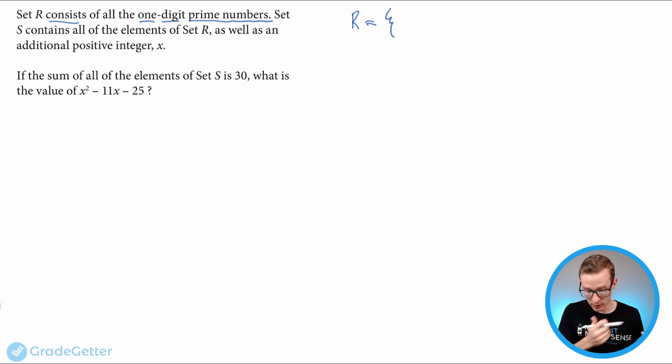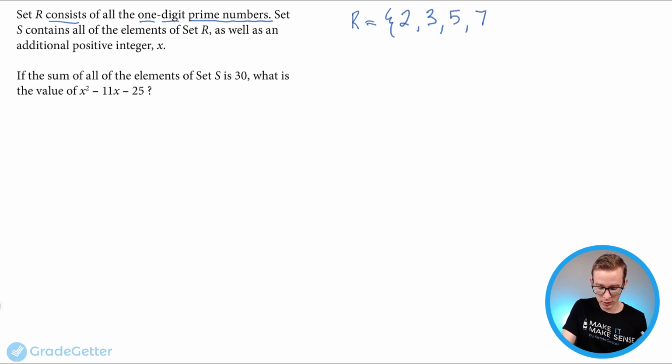Well, it contains all of the one-digit prime numbers. So let's see, 2 is prime, 3 is prime, 4 is not, 5 is prime, 6 is not, 7 is prime, 8 is not prime, and neither is 9. So these are all the one-digit prime numbers. So this is what R is.